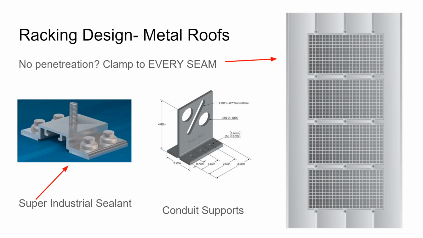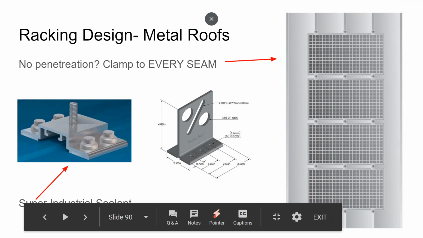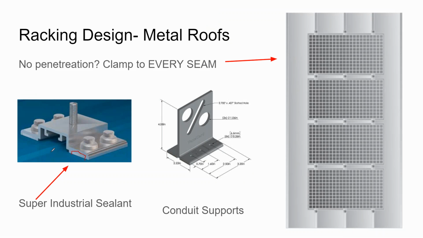But as an installer, I can tell you that the standing seam metal roofing products have an industrial butyl tape that goes underneath, you can kind of see it here. And so lag screwing through that butyl tape is very well sealed, and it's a very strong attachment that you can be confident in.